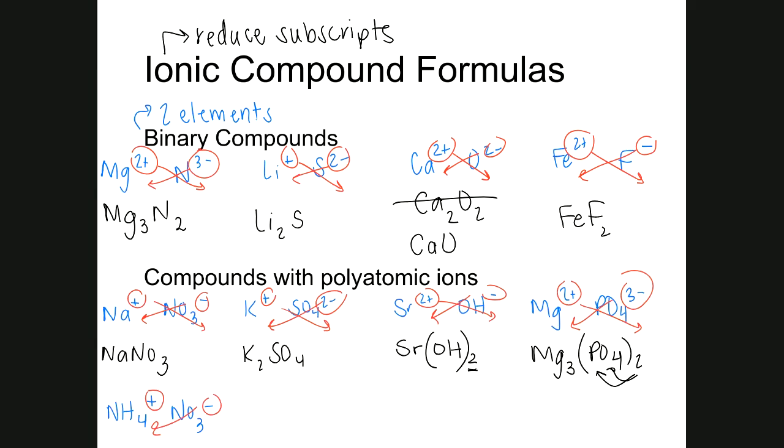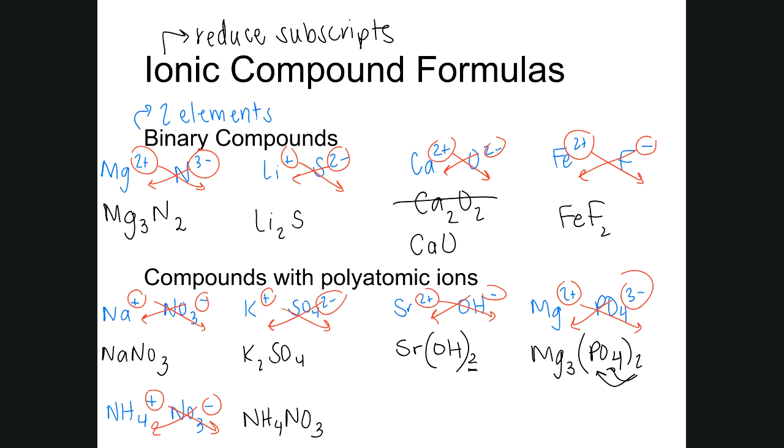So when we put them together, we end up with NH4NO3. So none of those need the parentheses because we're not adding any new subscripts there. So this is the case for ionic compounds. Remember, our goal is just to try and make these compounds neutral, which is why we're taking their charges and swapping them out.